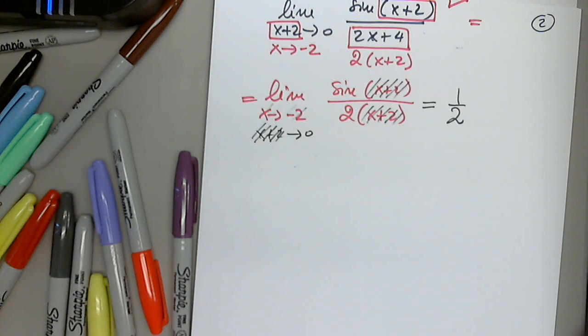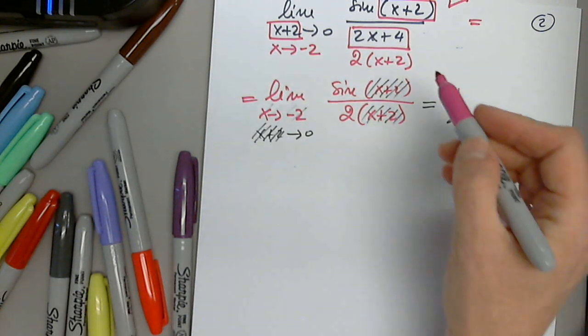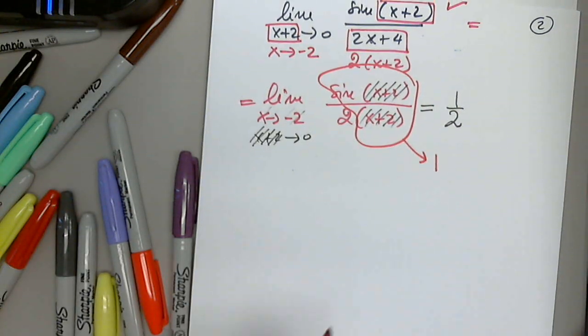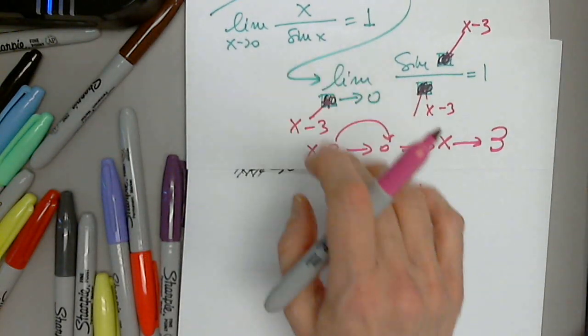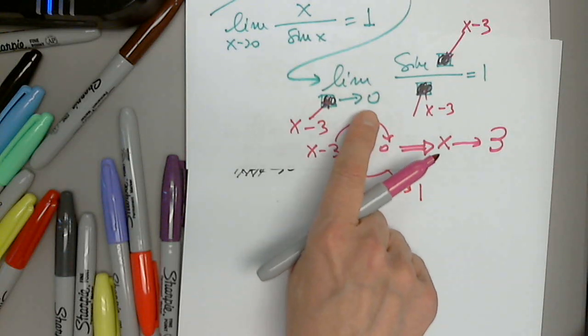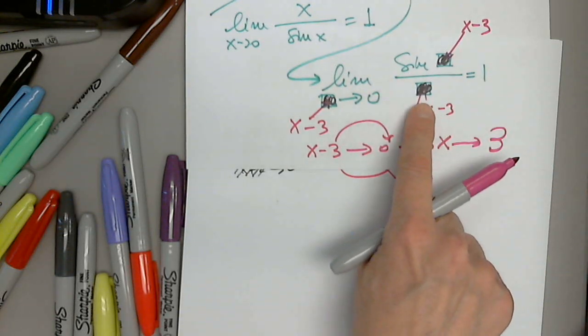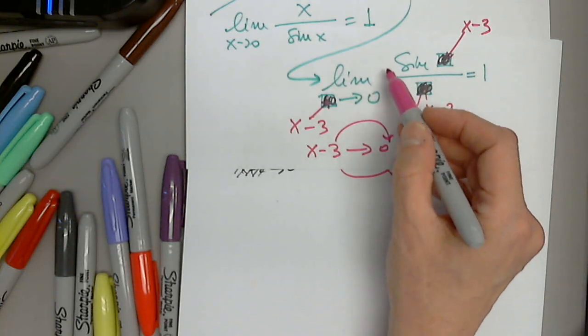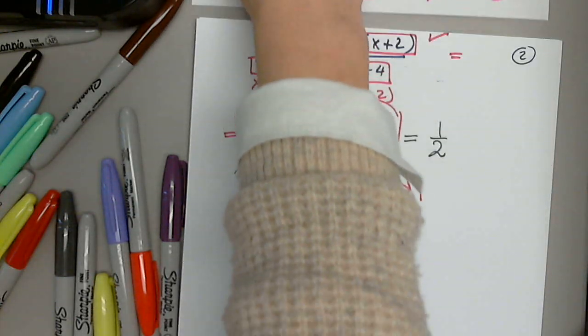Any questions? Yes? Why are you only plugging the 2 on the bottom and not the top? This limit approaches 1 because it's the situation: as x plus 2 approaches 0, sine of x plus 2 over x plus 2 is 1. It's just that I have an additional factor of 1/2 in front of the function.